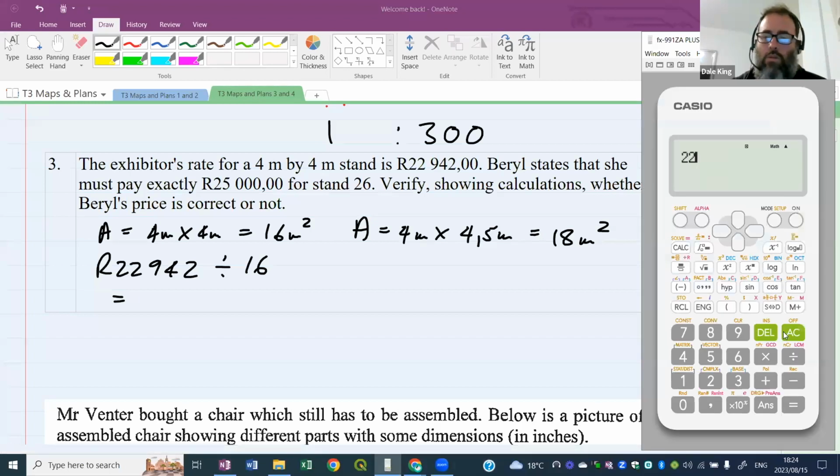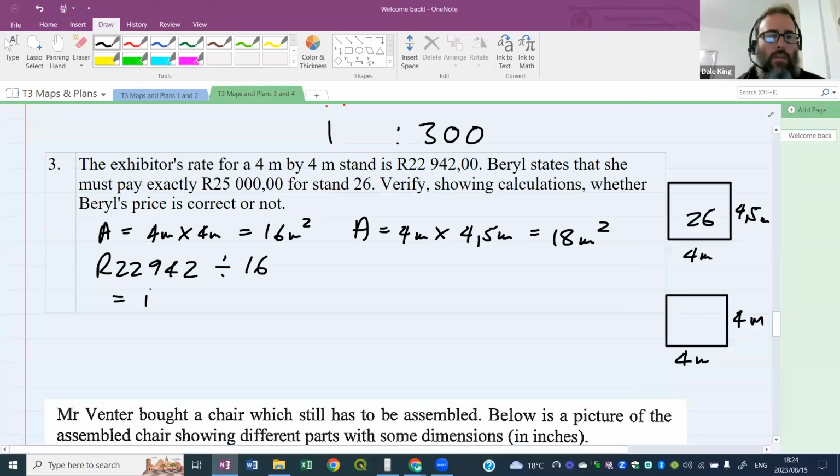That is 1433,88 rands per 1 meter squared. Now we're going to use this and say, should Beryl get the same value for money? She should. She should get the same value for money for every square meter that she has, shouldn't she?